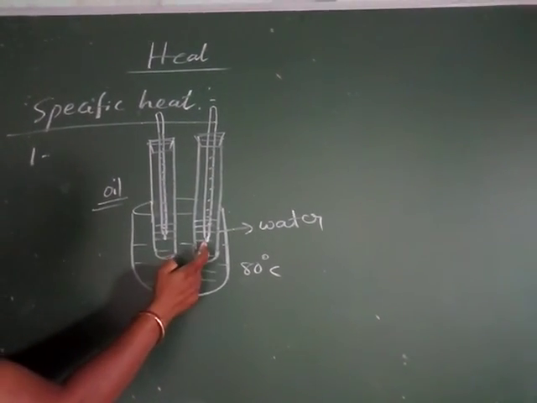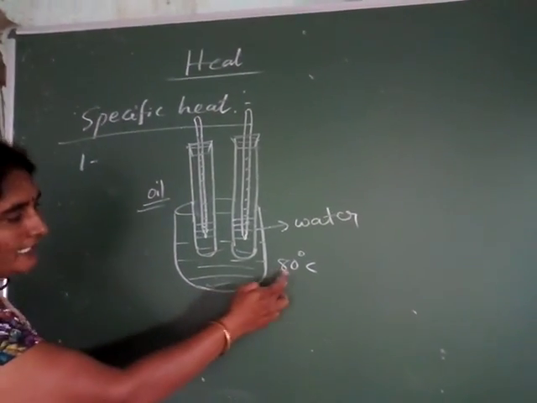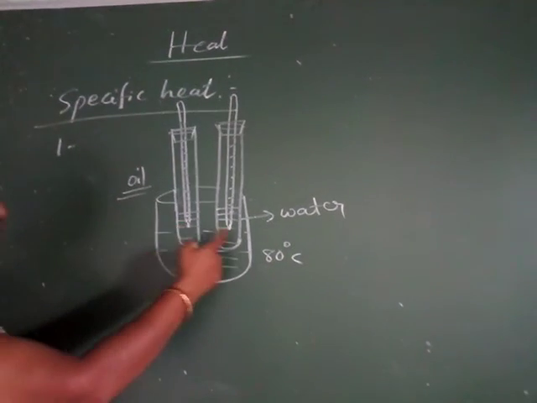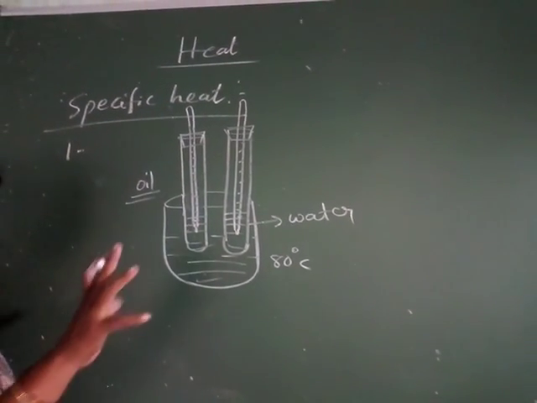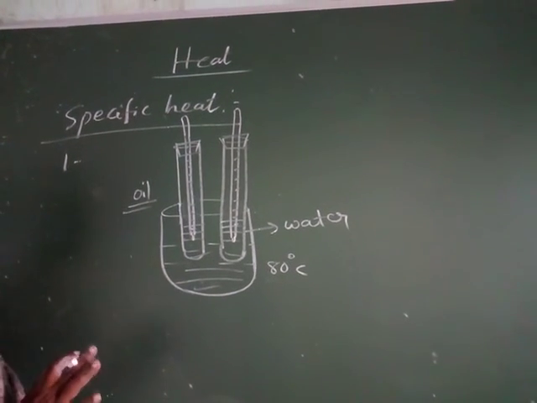These two are colder bodies here, and this is the hotter body. It can give only 80 degrees Celsius to the colder bodies. That means these two colder bodies are also at the same temperature, as we discussed already. So they will absorb the same amount of heat. We are thinking like that.